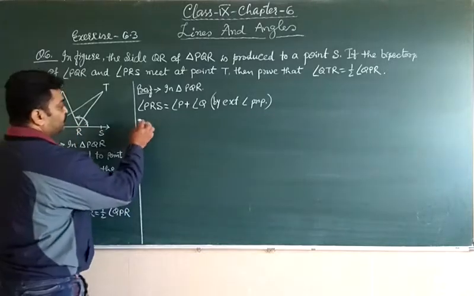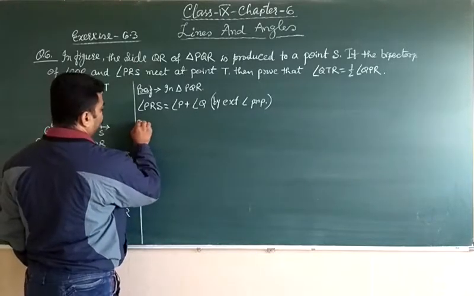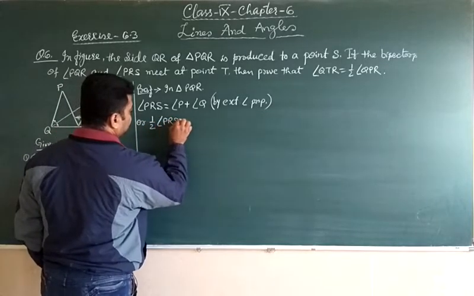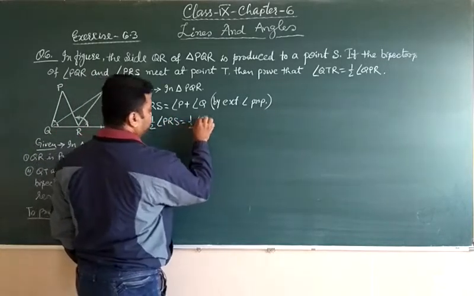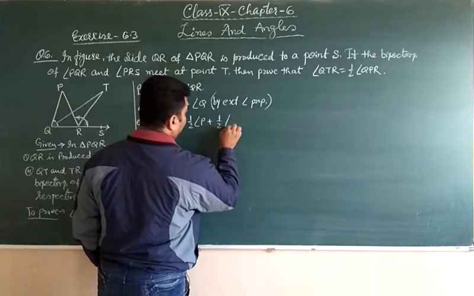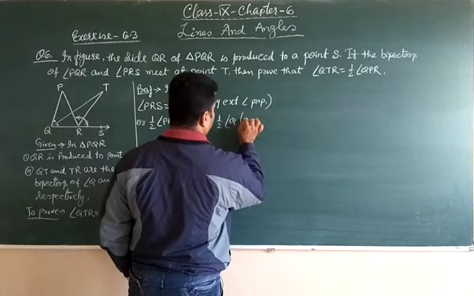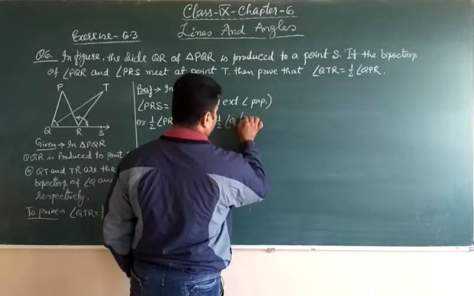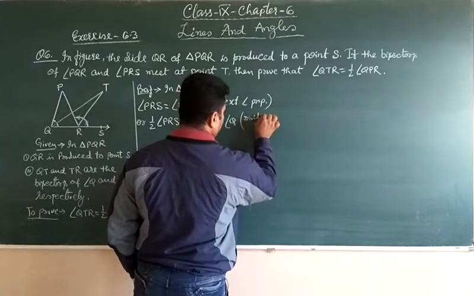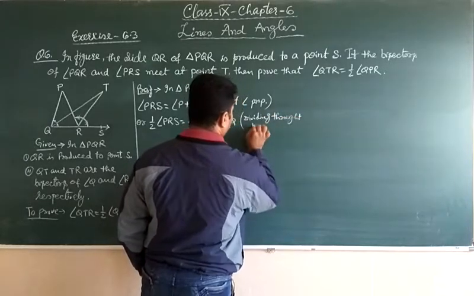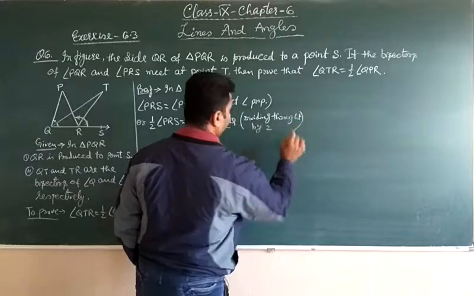So here we can write 1/2 of angle PRS is equal to 1/2 of angle P plus 1/2 of angle Q, dividing throughout by 2.